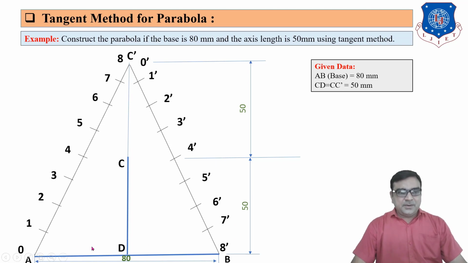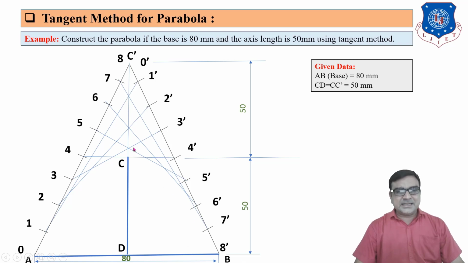Now at present we have 3 points of parabola A, C and B. To obtain the other points, we have to join this 0 0 dash line, then 1 1 dash. You have to draw the straight line between these 2 points, 1 1 dash, 2 2 dash, 3 3 dash, 4 4 dash, 5 5 dash, 6 6 dash, 7 7 dash and 8 8 dash.